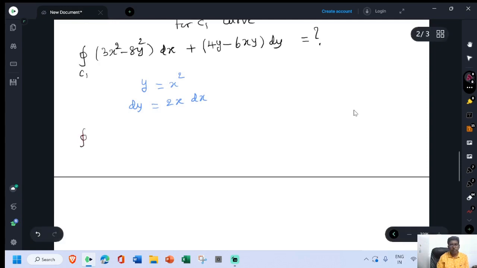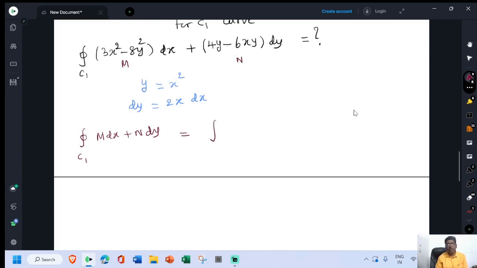This is m into dx plus n into dy of C1, because this is m, this is n. For the C1 curve, we have to express all the quantities in terms of x. First we should fix the values, then we will go to the limit.